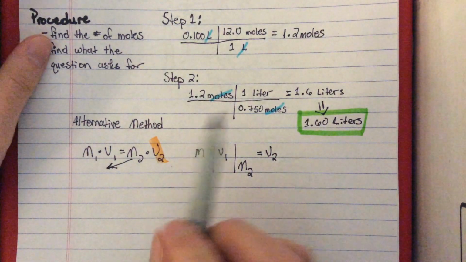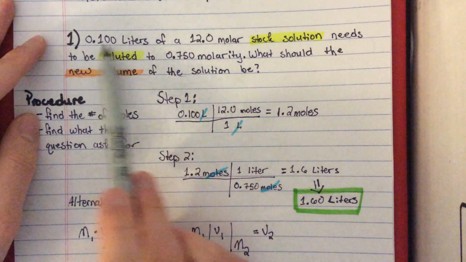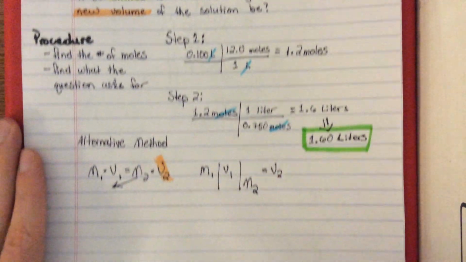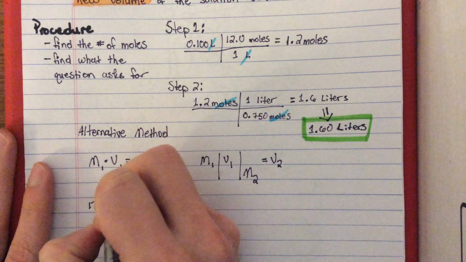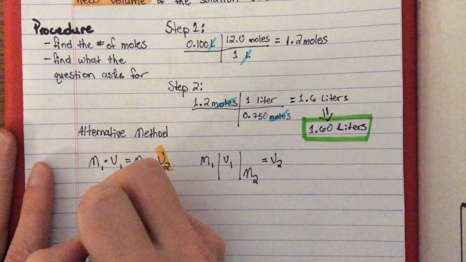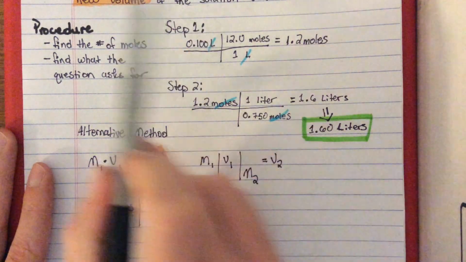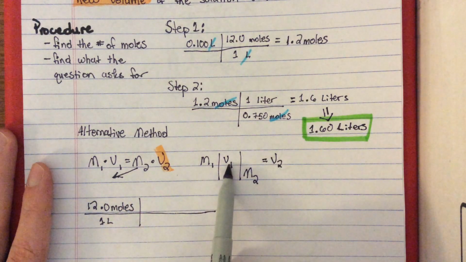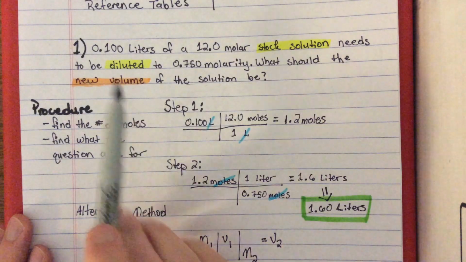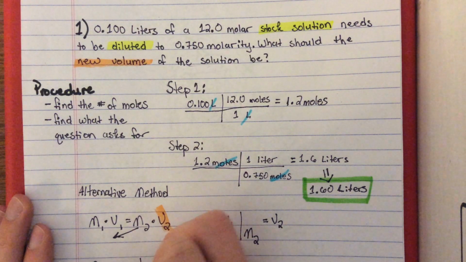So railroad tracks time, we're going to need the initial concentration and volume to start us off. So we have 12.0 moles for every liter in the stock solution. Draw our long horizontal line. Our initial volume for that stock solution was 0.100 liters.